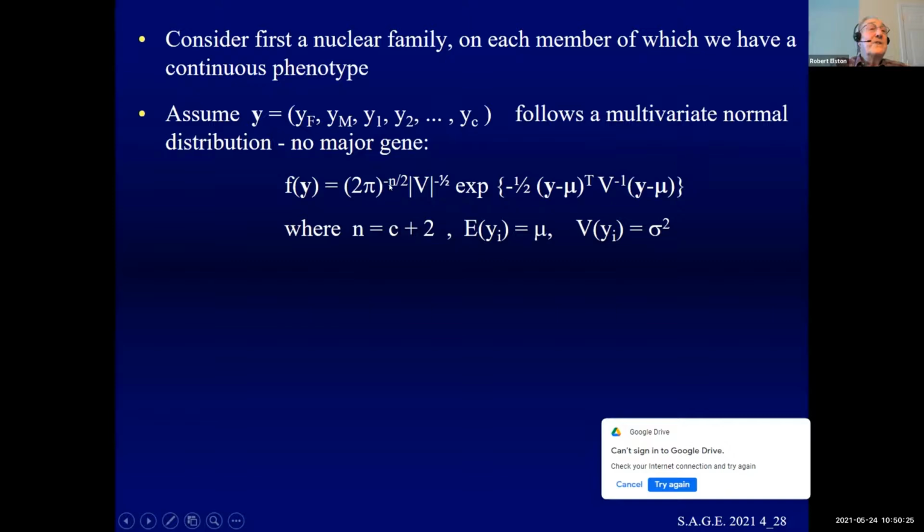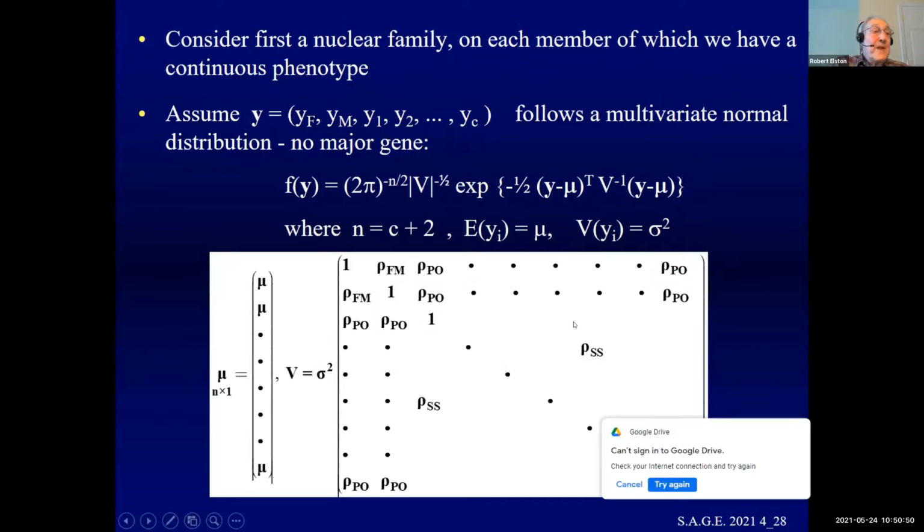This n over 2 is because you have C plus n, which is C plus 2, the number of individuals in this family. The expectation of the Y's is the same, mu, because we're now just assuming this is true when there's no major gene, and we have a common variance. Okay. And the variance covariance matrix, here's the mean vector that goes into here.